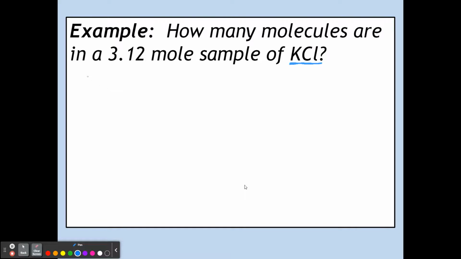It makes no difference in what we're doing. So our known is the number we're given, 3.12 moles of KCl. Our unknown, question mark molecules of KCl. So we're going to go from moles to molecules.